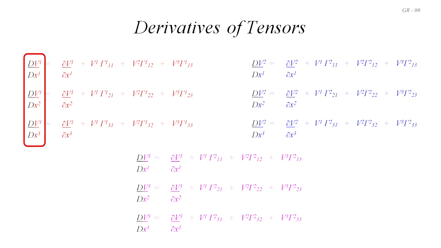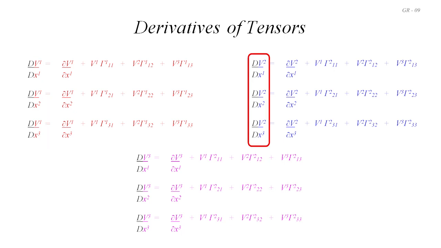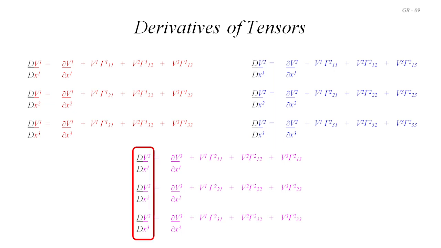The red ones here represent the derivatives of the component v1 by x1, x2 and x3. The blue ones represent the derivatives of the component v2, and the purple ones represent the derivatives of the component v3.